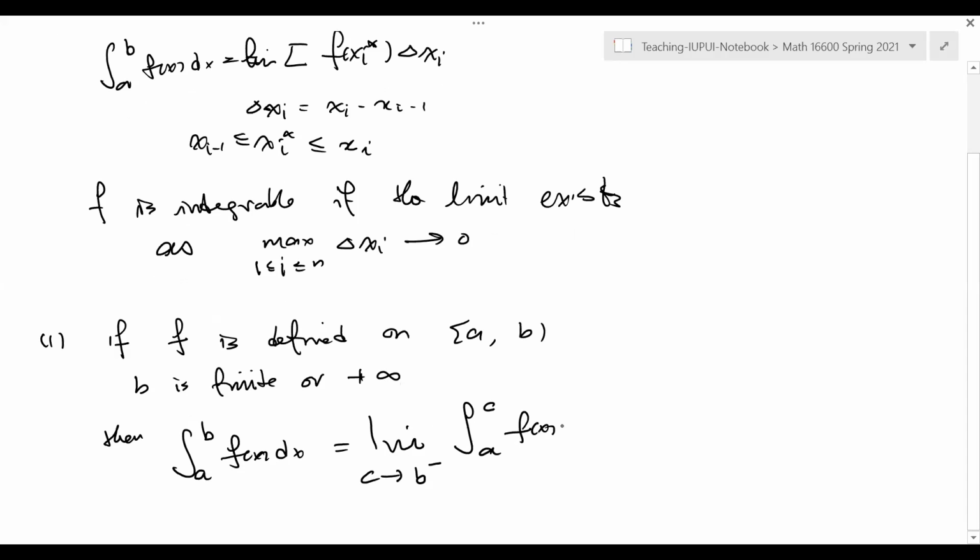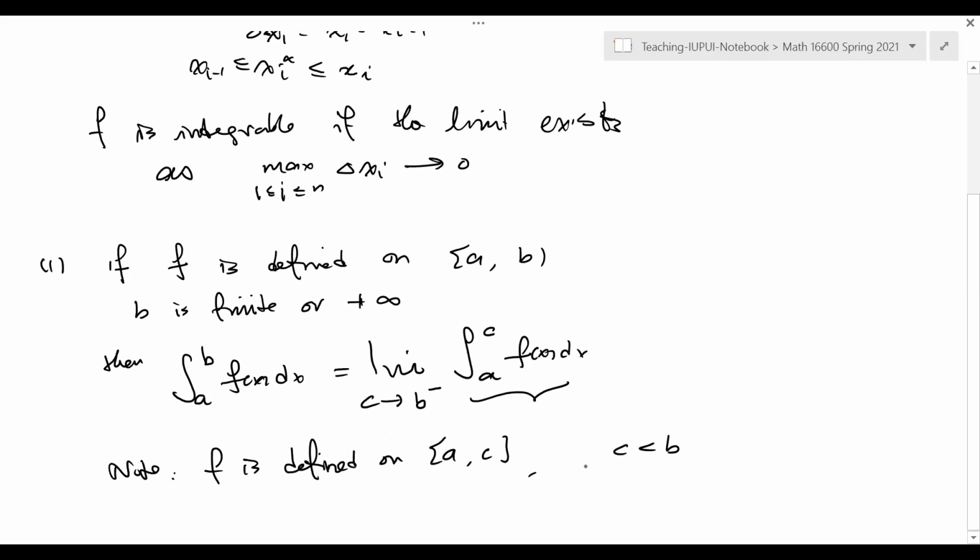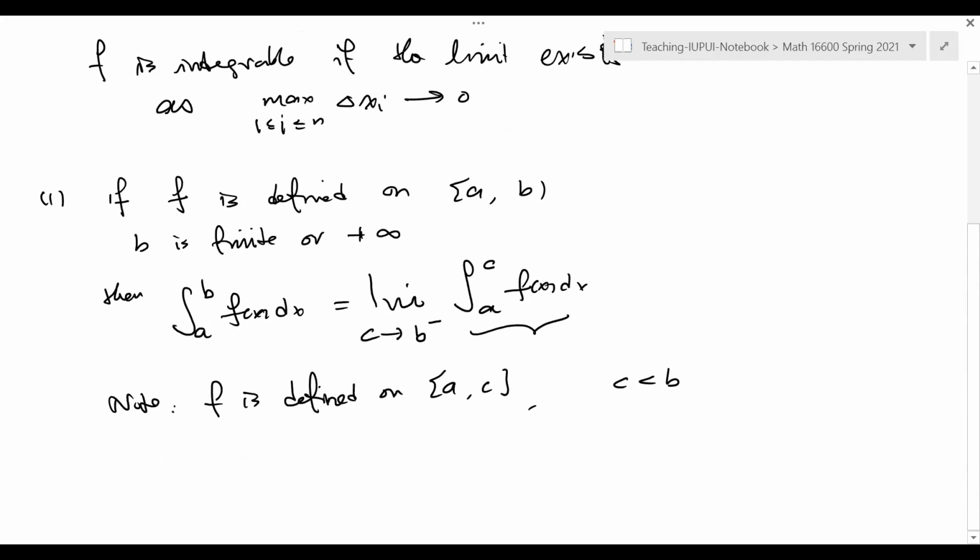Since f is defined on the closed interval from a to c, and c is less than b, the integral from a to c is defined.